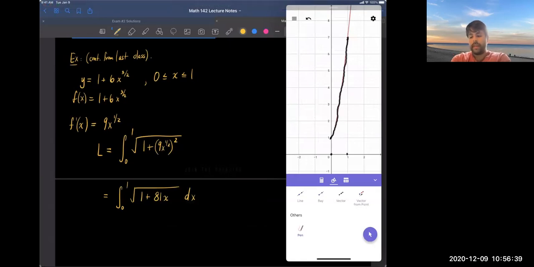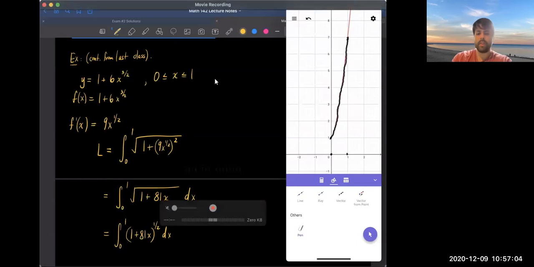So how do we integrate this? Put it to the 1/2 power. Okay, that's one way we can start. We can write this as the integral from 0 to 1 of 1 plus 81x to the 1/2 power dx. Okay, and then what?